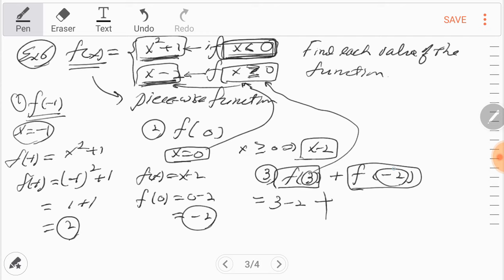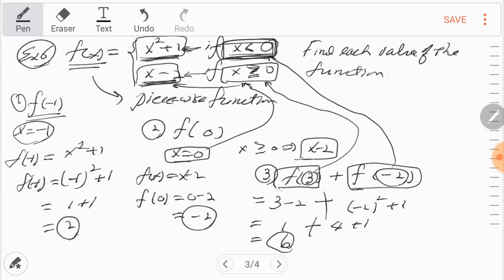Then -2 satisfies the first condition. So we have to use the first expression, x squared plus 1. So x is (-2) squared plus 1. Then 3 minus 2 is 1, plus 2 squared is 4, plus 1. So that is 6. So the value of this addition is 6.